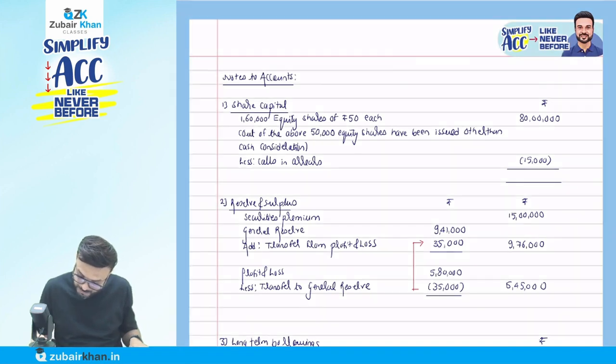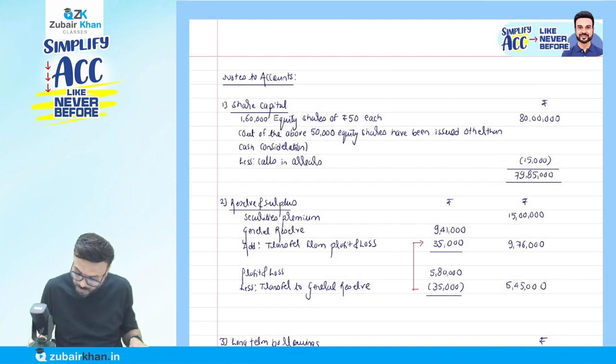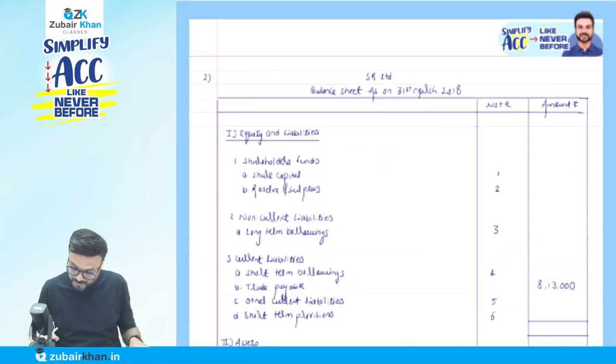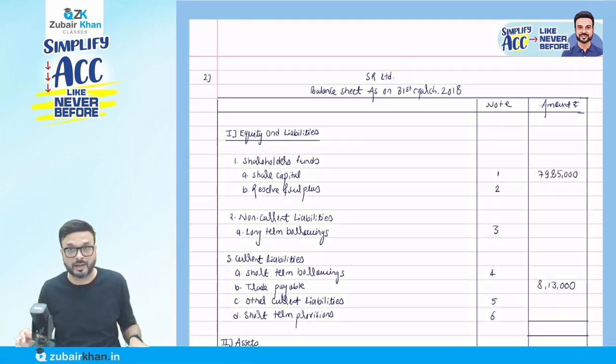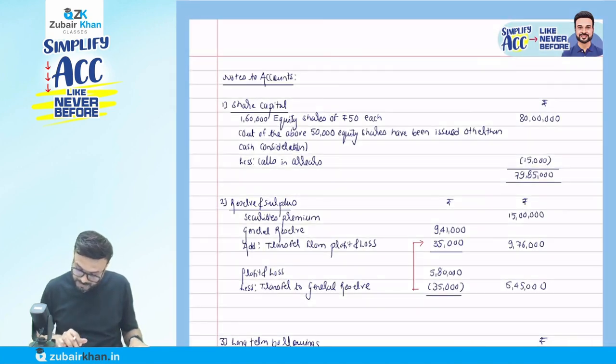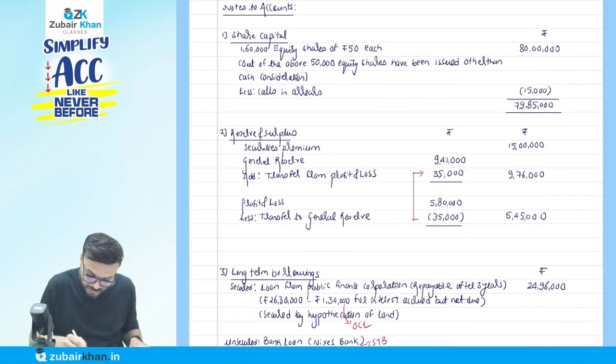80 lakh minus 15,000, that is 79 lakh 85,000. Write down here 79 lakh 85,000. Then the second one is reserve and surplus.